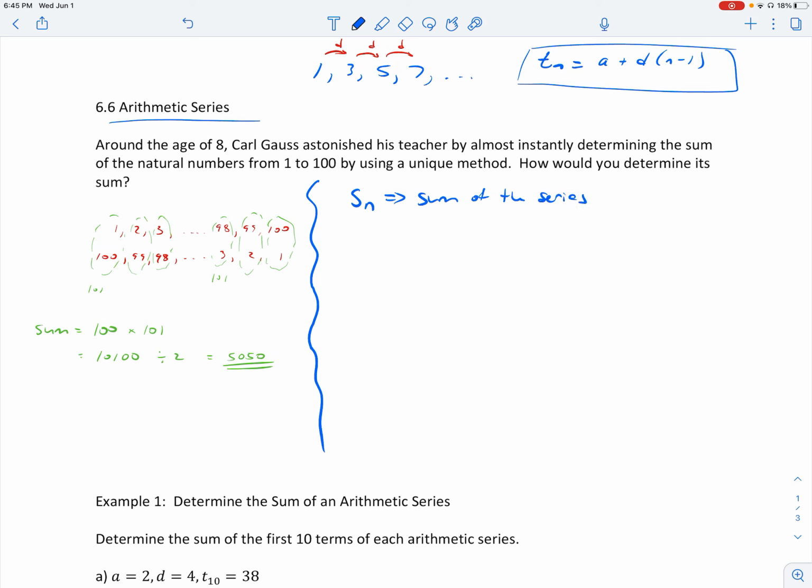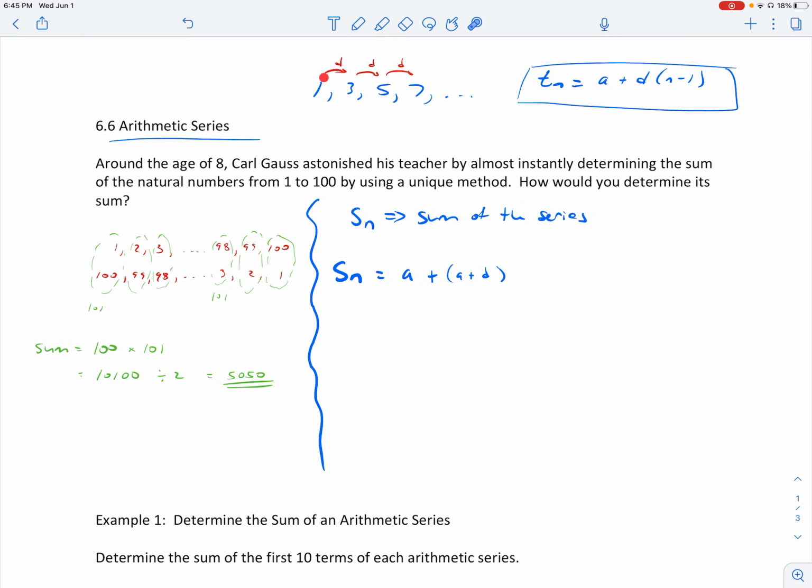For an arithmetic series, my first term is always a, and then my next term is going to be a plus d, because it's an arithmetic sequence, so we always add d to get the next term like we did up here.